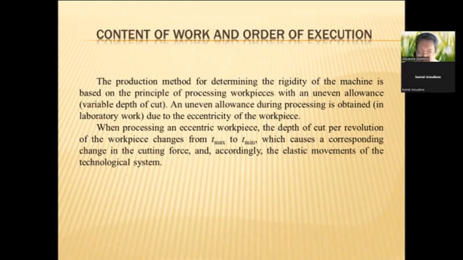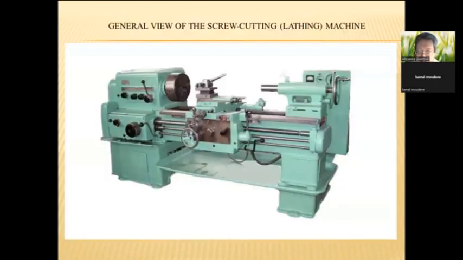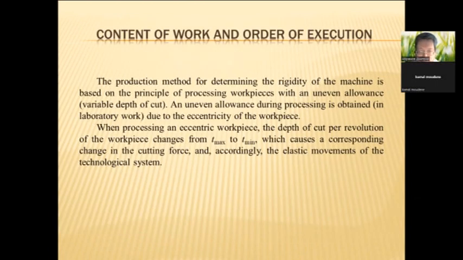When processing an eccentric workpiece, the depth of cut per revolution of the workpiece changes from t maximum to t minimum, which causes a corresponding change in the cutting force and accordingly the elastic movements of the technological system.